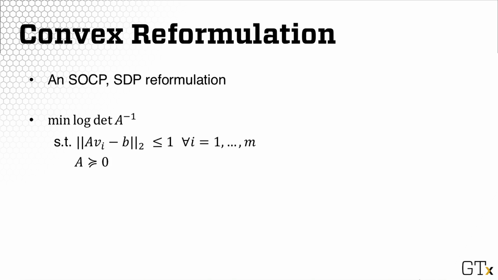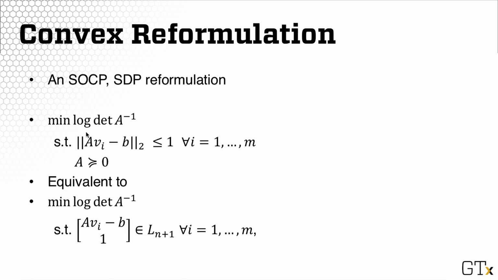So this is my reformulation. What I got is this. I minimize log determinant of A inverse. We know that this is a convex function in A. And I have these constraints: the Euclidean norm of A Vi minus B less than or equal to 1 for all data points. And A should be positive semi-definite. So this is an SDP constraint. This bunch of constraints are SOCP constraints. Remember this constraint here.